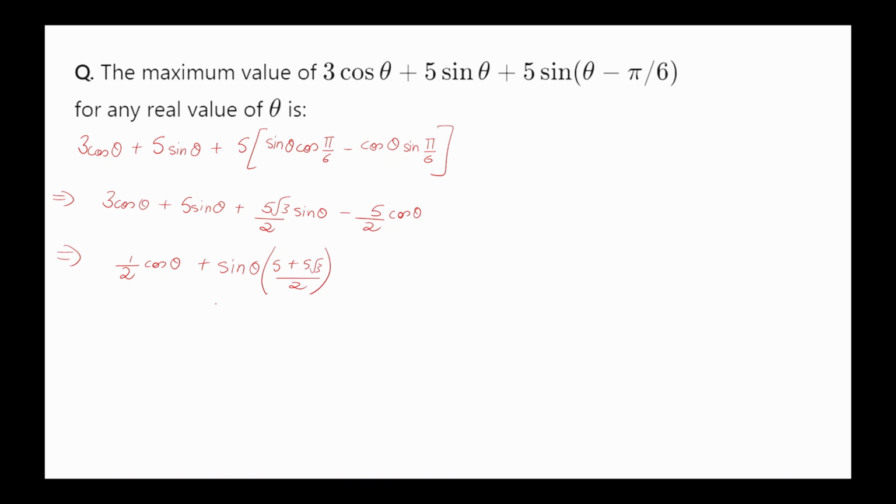Now what would be the maximum value of this? Simply, the maximum value would be root under a square plus b square, which in this equation is root of 1 by 4 plus 5 root 3 by 2 whole square. I've already squared the 2 below so that I can get 4 here.